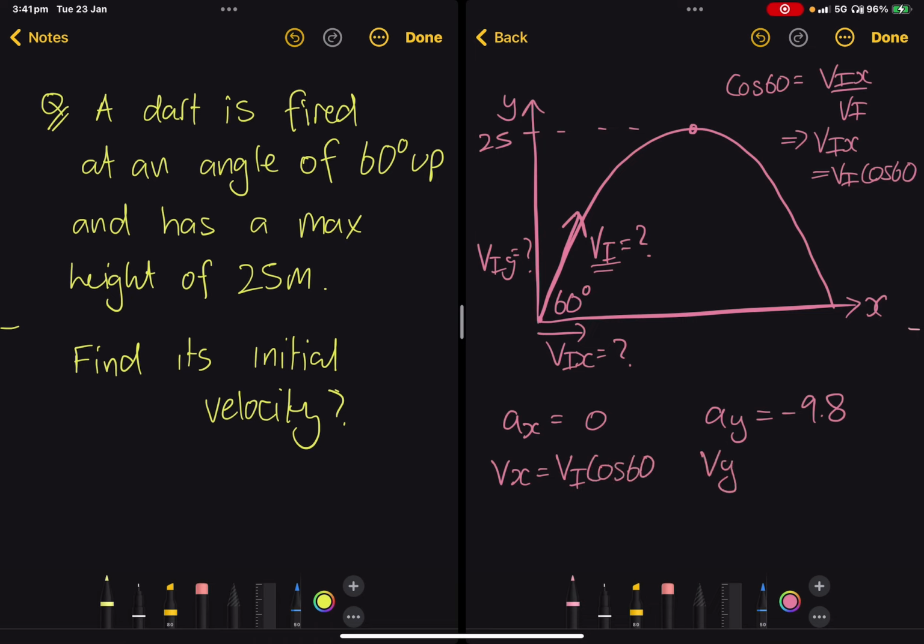The velocity in y we can also find using this same method. We can say sine of 60 is VIY over VI, and that means VIY is VI times sine of 60. So here we have VI times sine of 60. Now cosine of 60 and sine of 60 we could find exact values or decimal approximations for. We're just going to leave them for the time being.